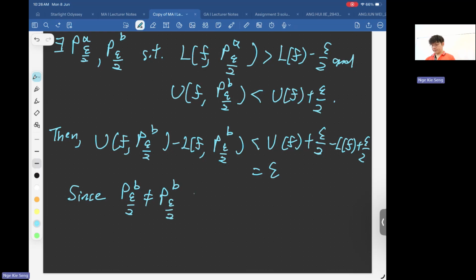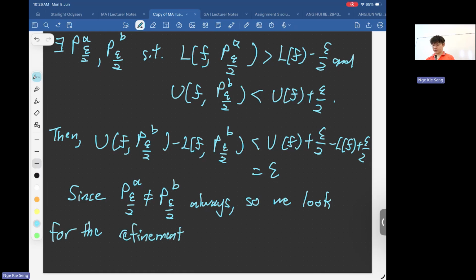Not necessarily, not equal always. So we look for the refinement.